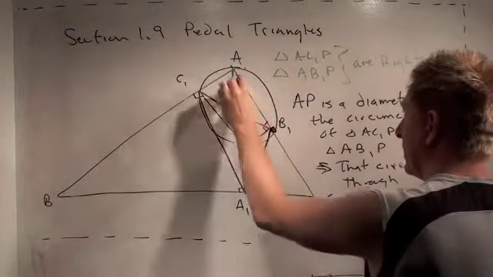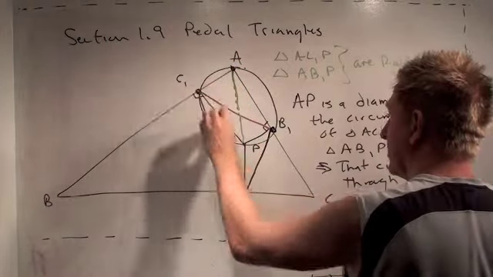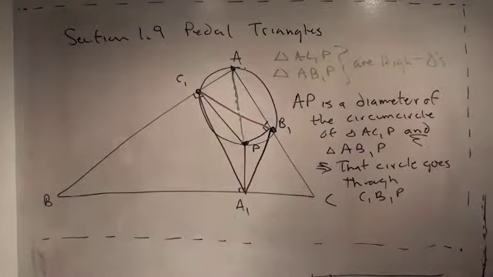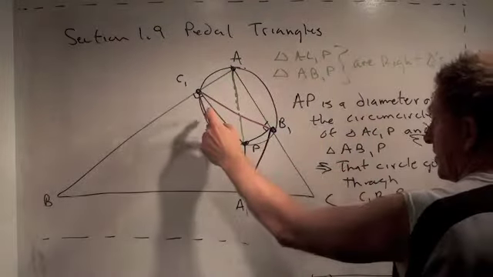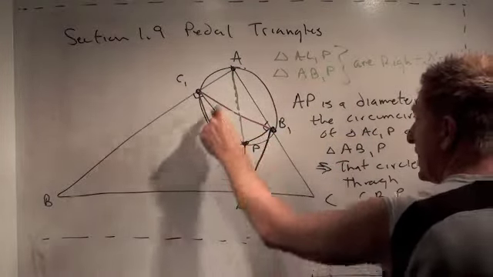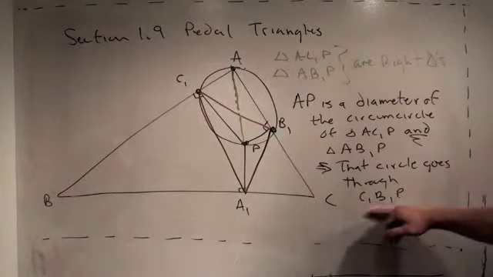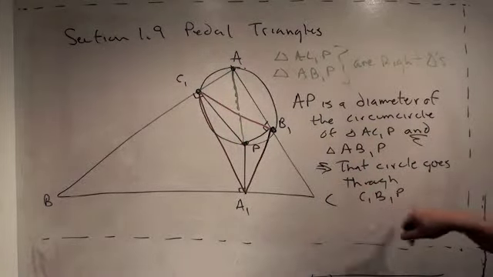Gotta go big dot theory to make that drawing look right. Okay, so it turns out that Circum Circle is also the Circum Circle of triangle B1PC1, and that's because that circle goes through those points C1, B1, and P.